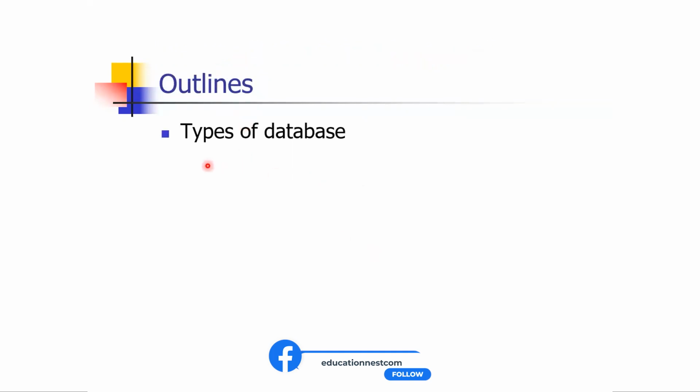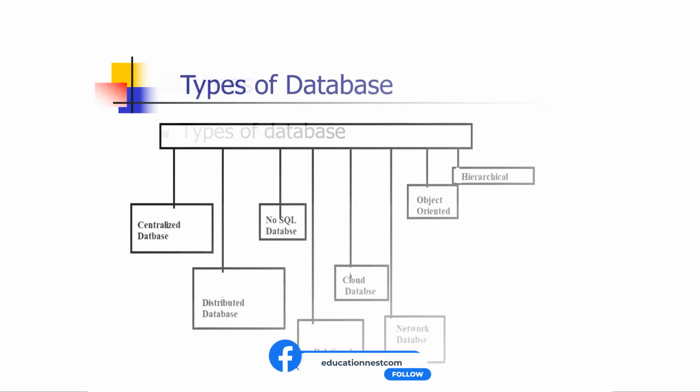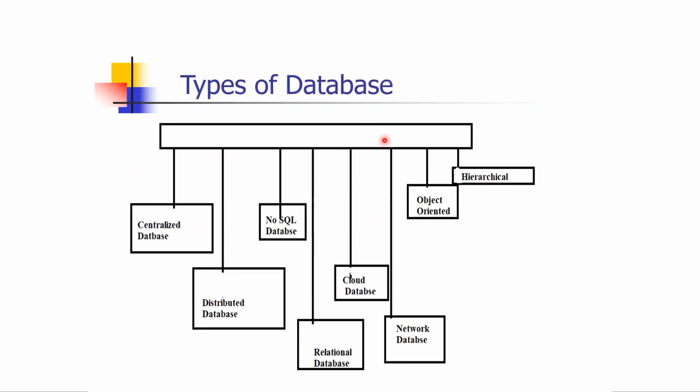So in the outline, we will see all types of database one by one. Let's see the chart. This is the chart for types of database. Database can be centralized database, distributed database, NoSQL database, relational database, cloud database, network database, object-oriented database, hierarchical database.